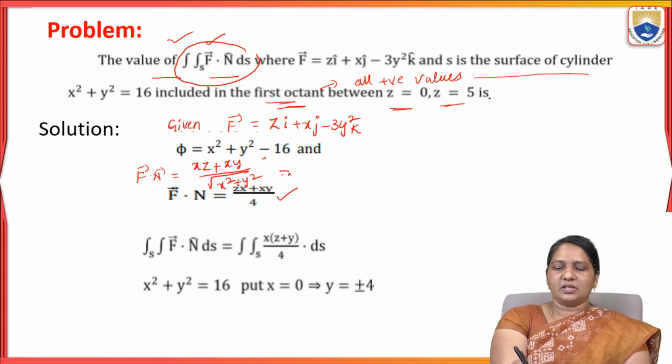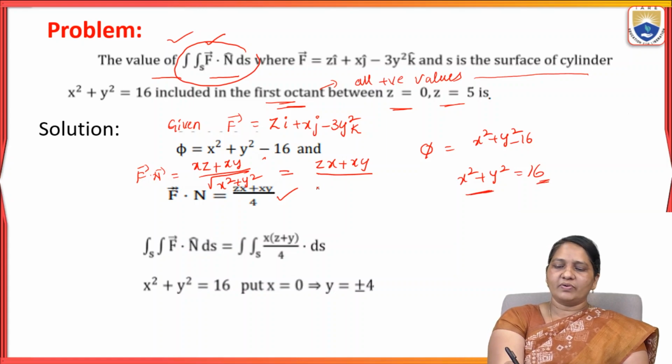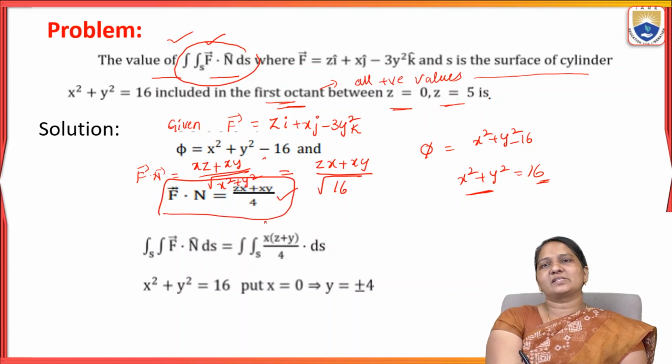The surface given is x square plus y square minus 16, that means x square plus y square equals 16. If I take root 16, finally I got f bar dot n bar equal to zx plus xy by 4. This is the value finally.